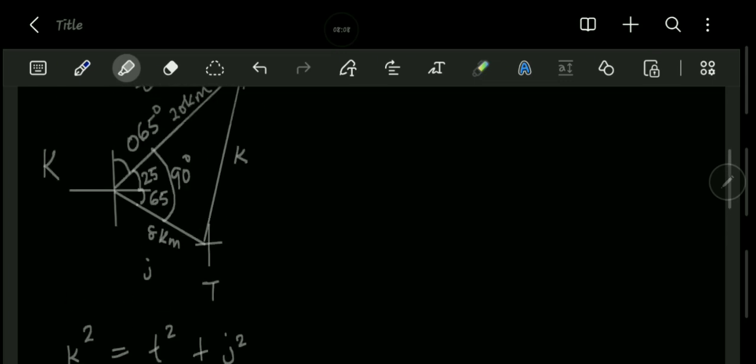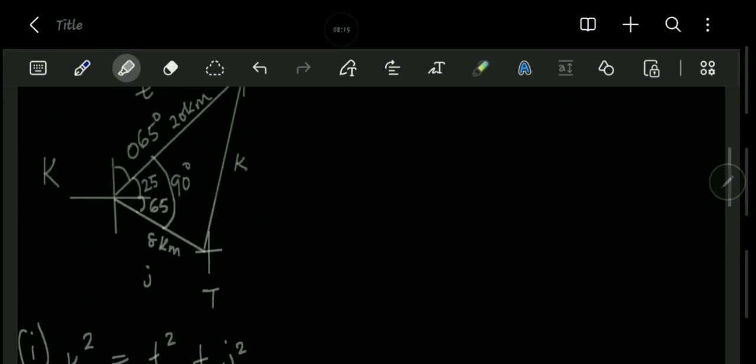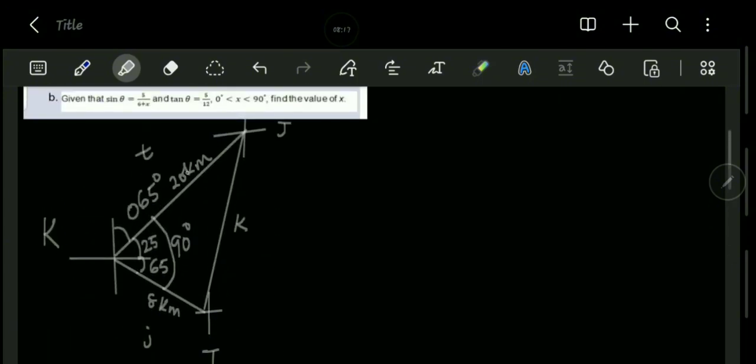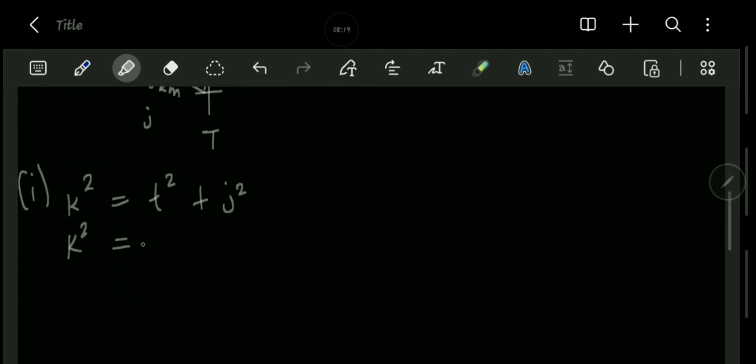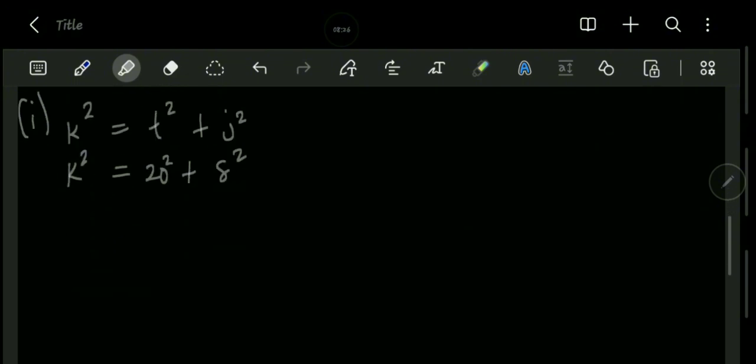So the value of small k is what I don't know. So I'm having k squared is equal to the value of my t squared. You know, t is 20, so I'm having 20 squared, plus my j squared is supposed to be 8, so I'm having 8 squared.